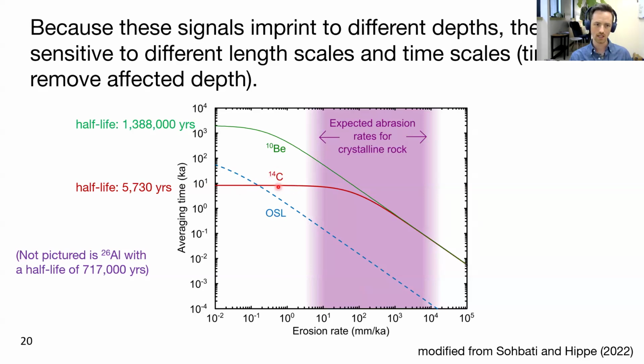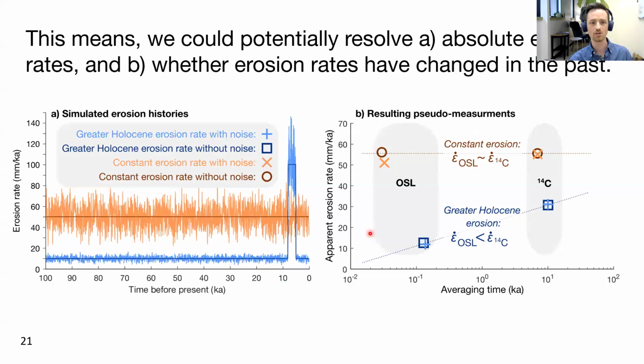So something that is short-lived, like radiocarbon, will come into equilibrium sooner than something like beryllium-10. And so if you start looking at these lower erosion rates, you may start to sense several different time scales. And so this, we hope, will teach us something about whether the erosion rate has been constant through time or whether it has changed in the recent past.